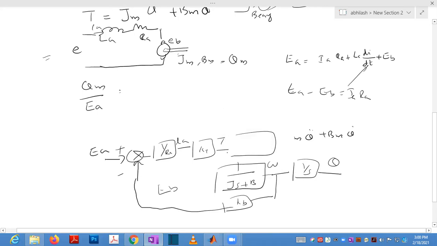From this torque you can separate it by 2, and you will get omega here and theta here.